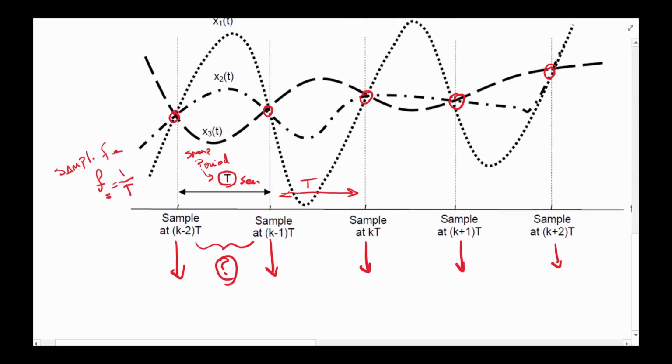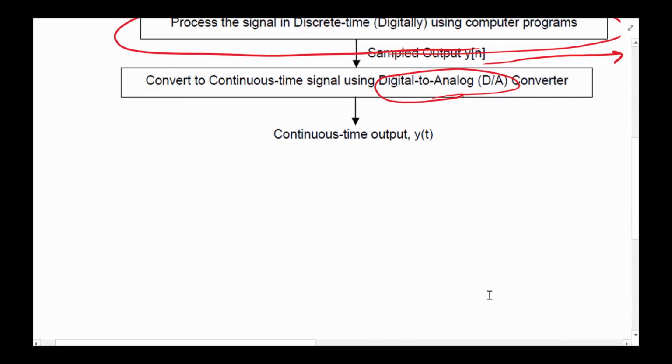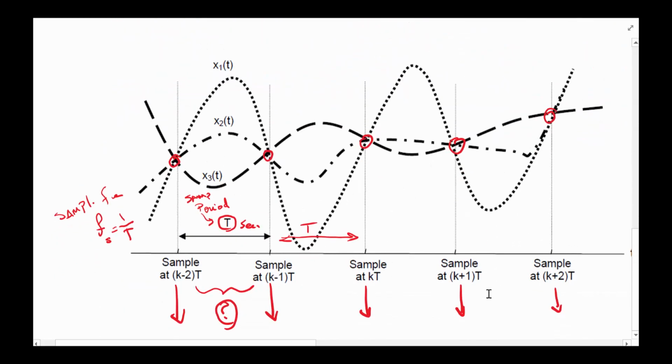So that's great. We want every so often to pick up the value of our analog signal. Now, how do we do that? Well, the way we do that is we use something called a pulse train.